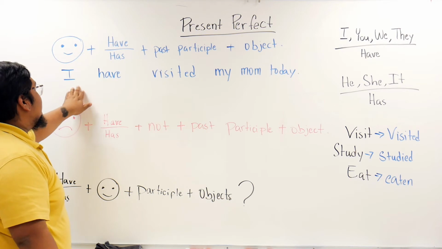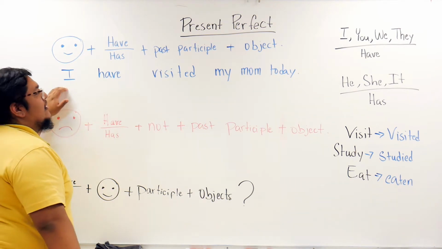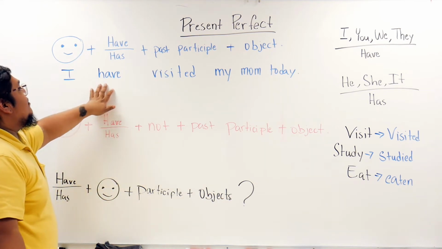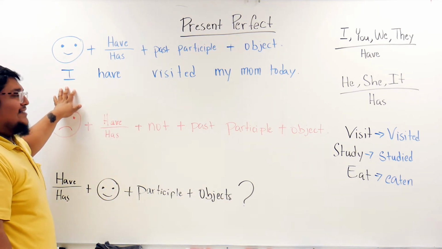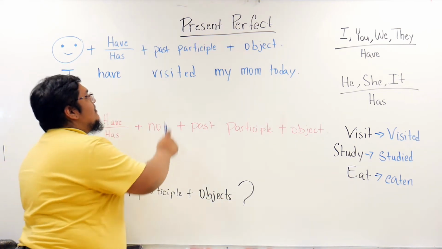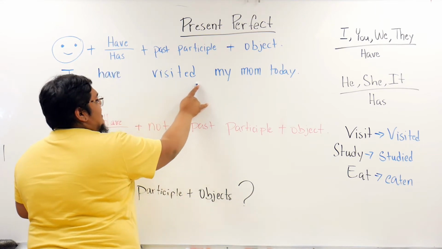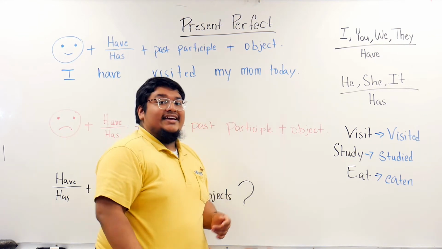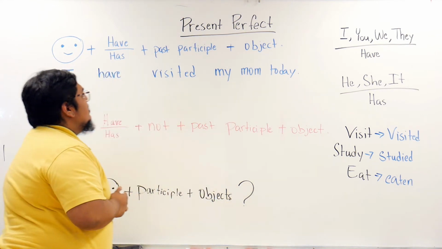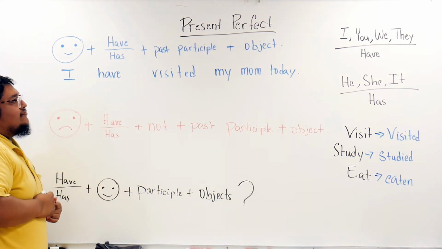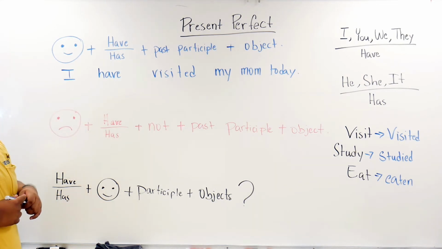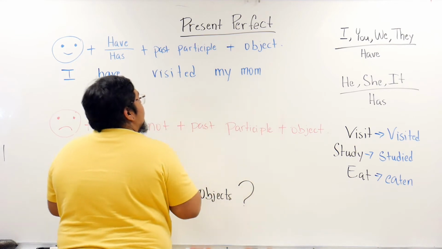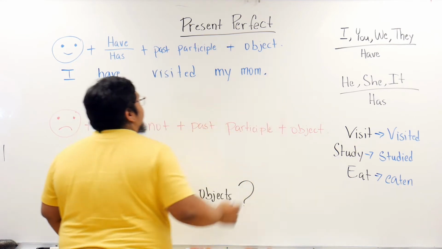So I is my subject, right? And then we need to choose one of the two auxiliary words. And have belongs to the word I. So perfect. I have, and then my past participle, visited. And who did I visit? My mom today. Good. Now, the today is not necessary, so if you want to, we can take that out. And we can just say, I have visited my mom.